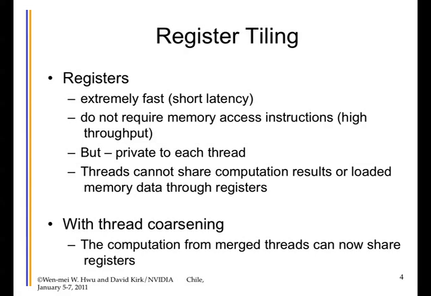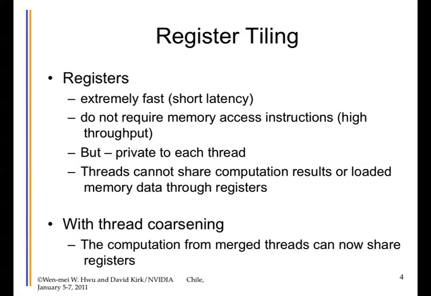So if you place a piece of data in a register, that piece of data is only available to the thread that placed the data in the register. That's why we call it private. And threads cannot share computation results or load memory through registers. What we saw this morning was using shared memory because we're trying to share data across different threads, right?